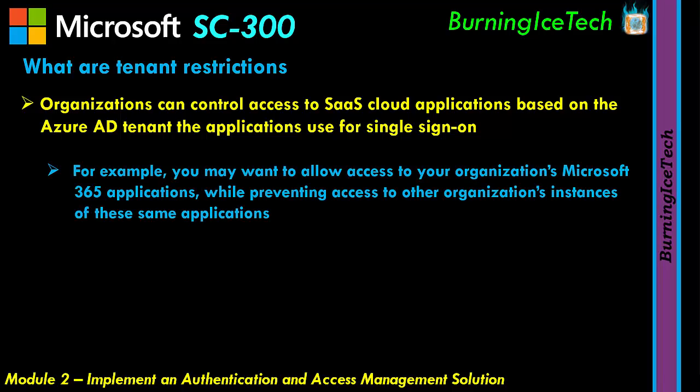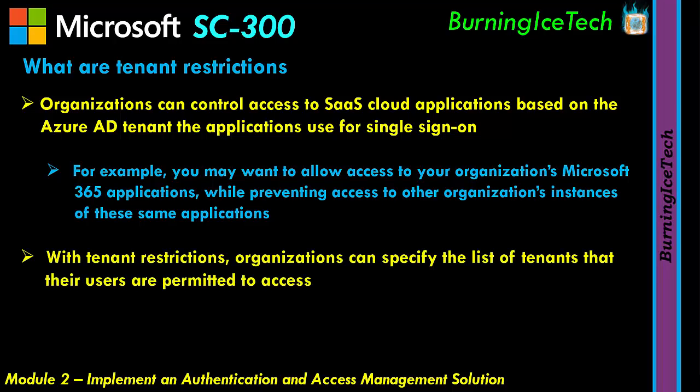An example would be you may want to allow access to your organization's Microsoft 365 applications while preventing access to other organization instances of the same applications. They say with tenant restrictions, organizations can specify the list of tenants that their users are permitted to access, and Azure Active Directory only grants access to these permitted tenants. So there's a bit of information for you guys.